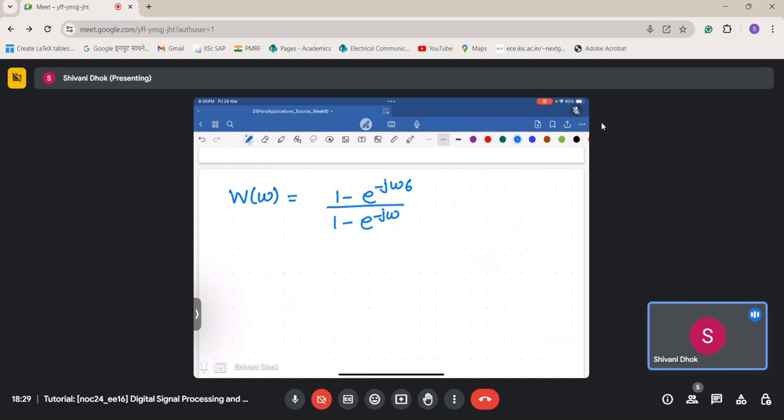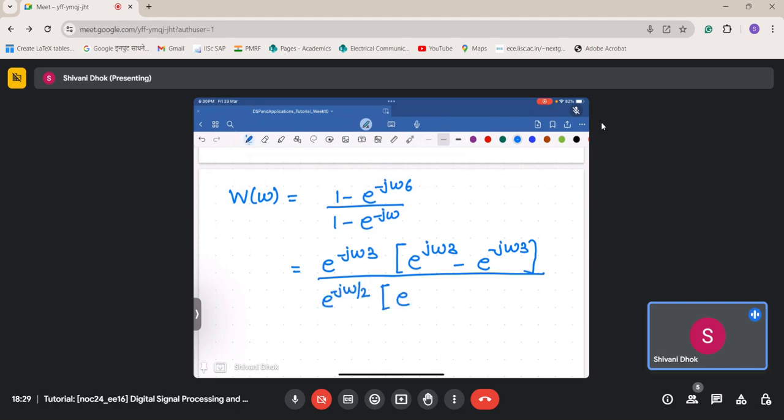Now in order to write it in a good form, we can take common e power minus j omega 3 outside from the numerator. Then here we will have e power j omega 3 minus e power minus j omega 3. From the denominator we can take out e power minus j omega by 2, and then we will have e power j omega by 2 minus e power minus j omega by 2.